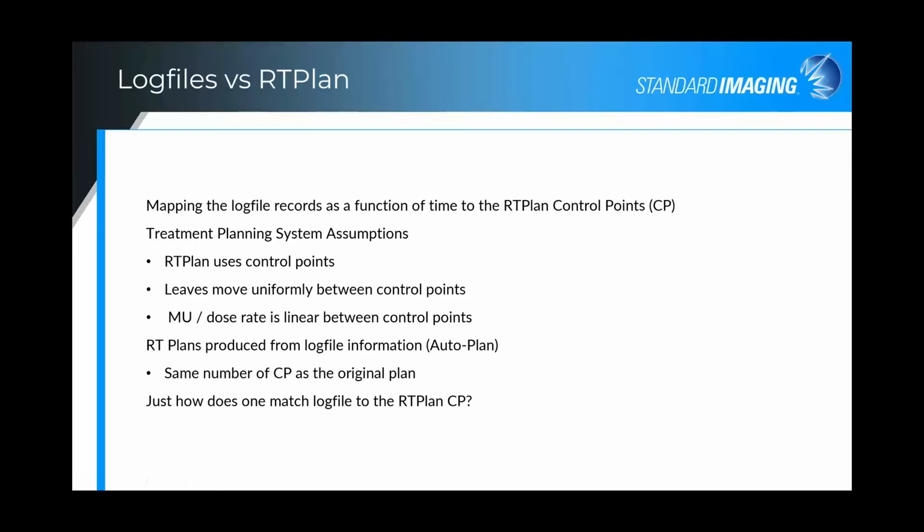We have tools within LinacView to help you select what is appropriate, and we'll show you the dosimetric impact through the fluence and gamma comparisons to determine what number of control points is appropriate for your plan, if creating an RTPlan is something you want to do.